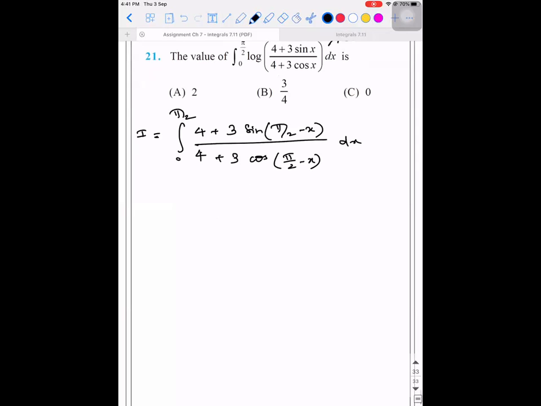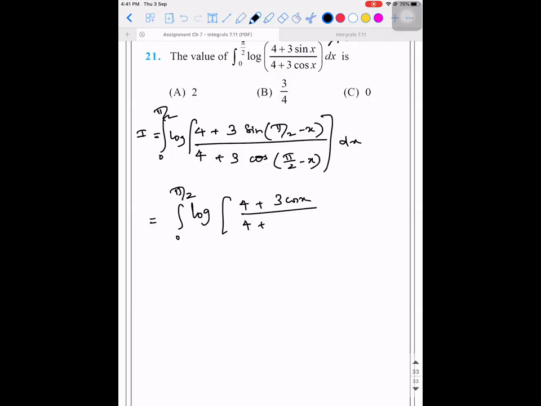So what will you get? Sir, integral log of 0 to pi by... Yeah, log is there. Sorry, I forgot. So integral of 0 to pi by 2, log of this whole thing: log of 4 plus 3 cos x divided by 4 plus 3 sin x dx.